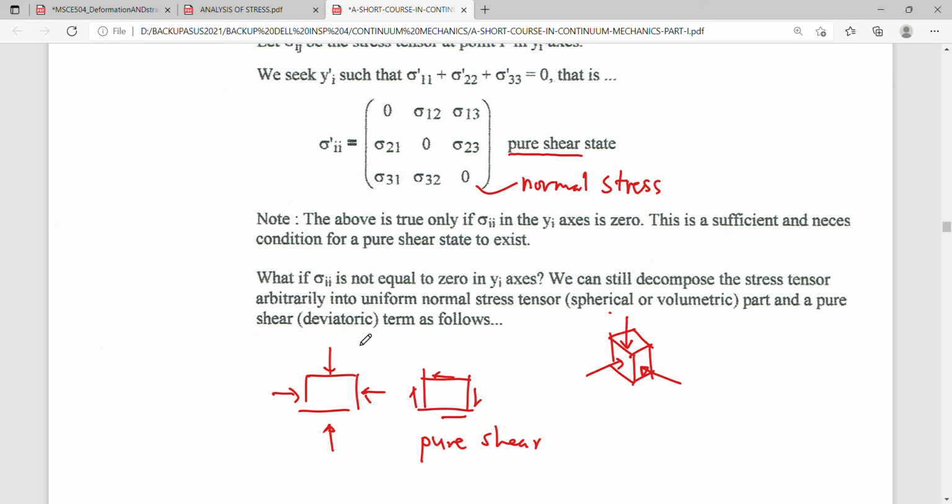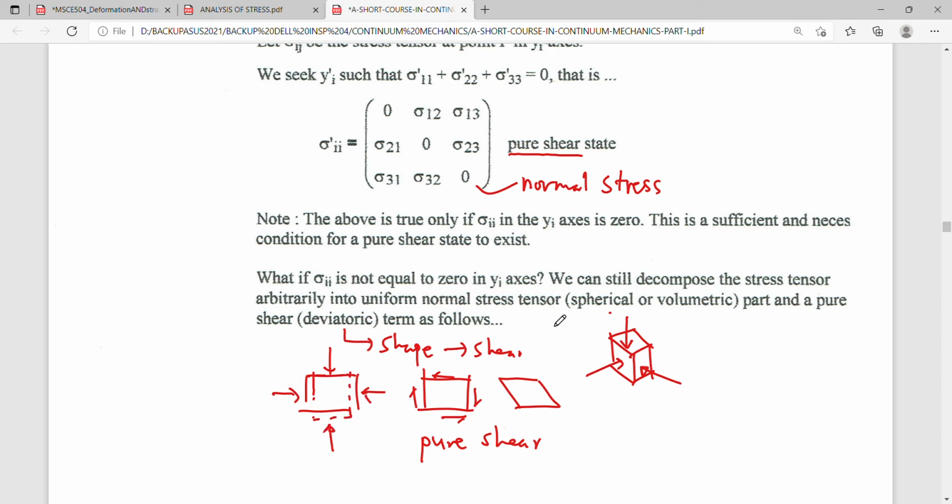So the deviatoric there simply refers to the change in the shape, which has something to do with the shear. So if this will be pulled, the shape will actually be in this form, like this. While here, the tendency for this is to change the volume and not the shape of your specimen.